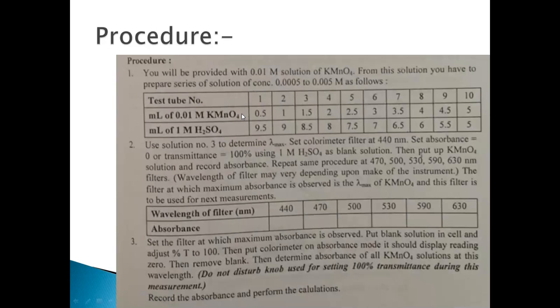Then in one burette, fill 0.01 molar KMnO4 solution, and in another burette, fill 1 molar H2SO4 solution. Then in the first test tube, you have to take 0.5 ml of 0.01 molar KMnO4, and to this KMnO4 add 9.5 ml of H2SO4.